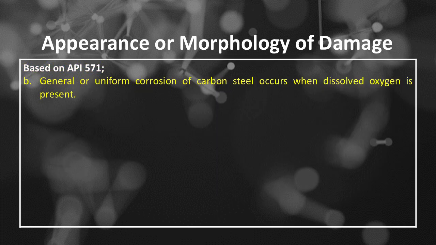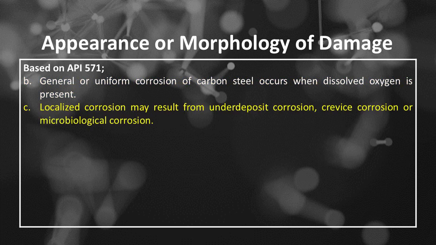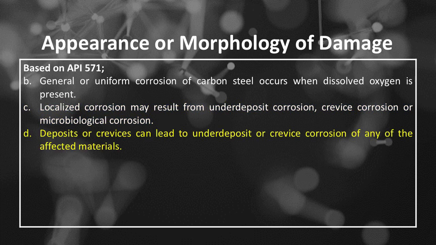Number B, general or uniform corrosion of carbon steel occurs when dissolved oxygen is present. Number C, localized corrosion may result from underdeposit corrosion, crevice corrosion or microbiological corrosion. Number D, deposits or crevices can lead to underdeposit or crevice corrosion of any of the affected materials.